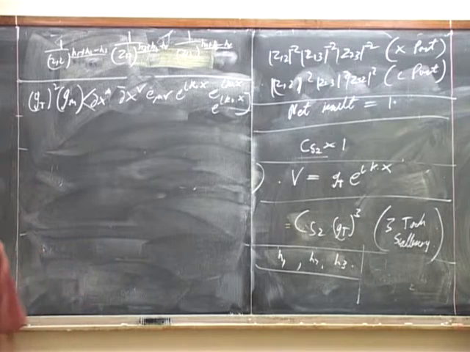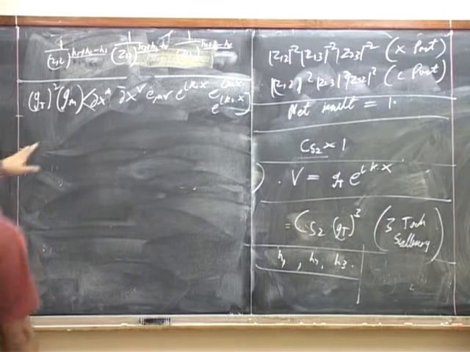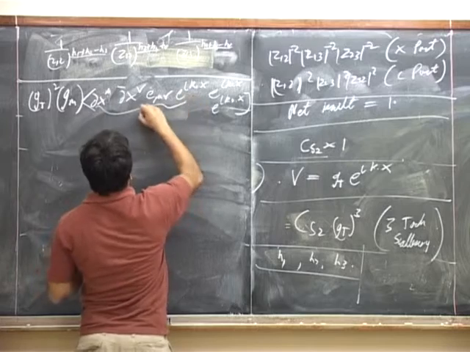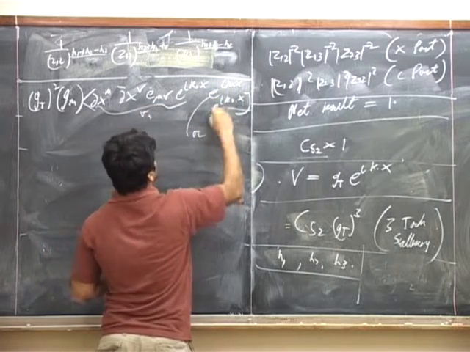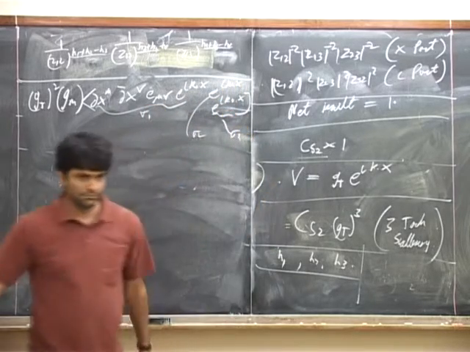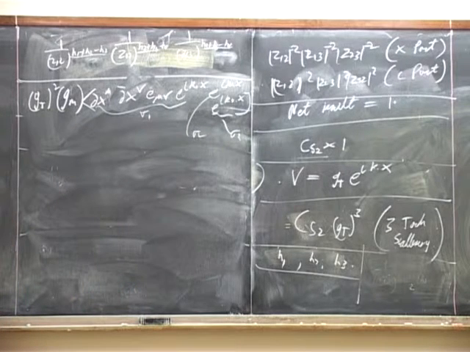In the first place, everything here is at sigma 1, and everything here is at sigma 2. So this is the thing that we're interested in calculating.